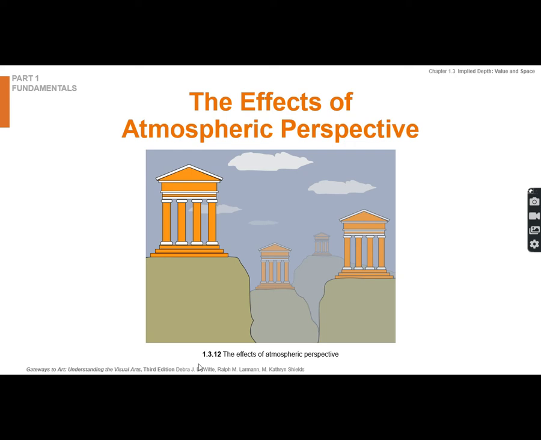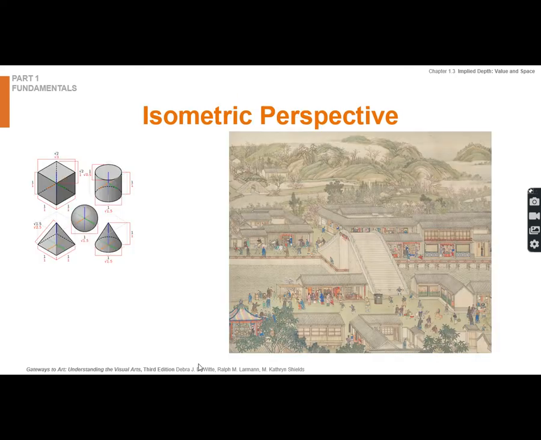We can't see details very far away like we can see up close. That's atmospheric perspective. Isometric is just when you're looking at something at a certain angle, you see different angles of it. Here we see the rooftops and the sides of the building, and we're looking down at the people. It's much like this. These are isometric drawings on a computer.